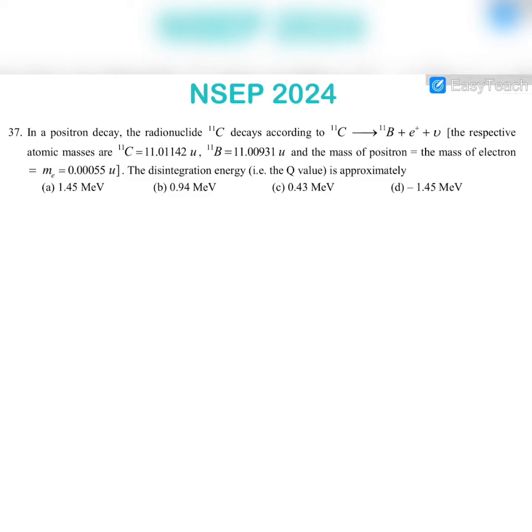So we have to find out the Q value of this reaction. Obviously we know that Q will be equal to delta m c square, and delta m is the mass defect of this reaction, in fact the difference of mass of reactant and product.